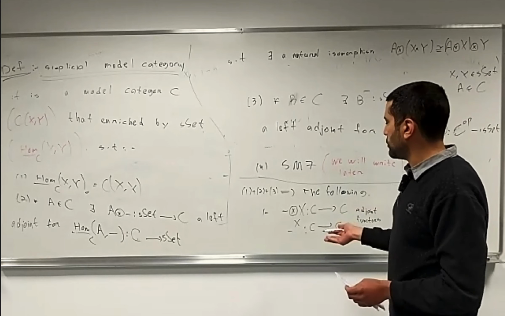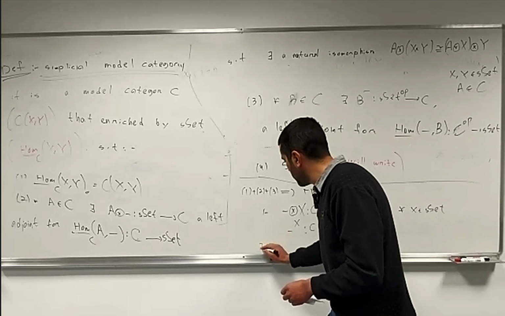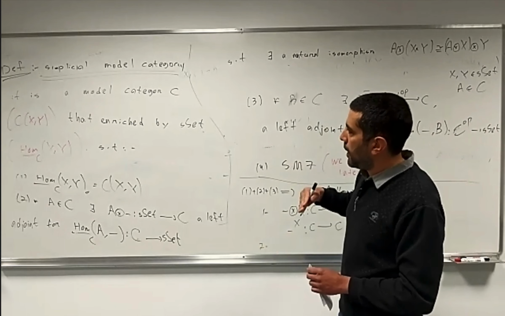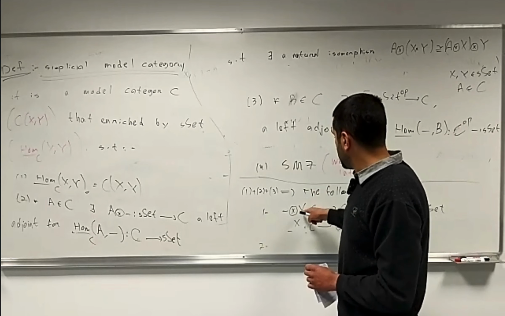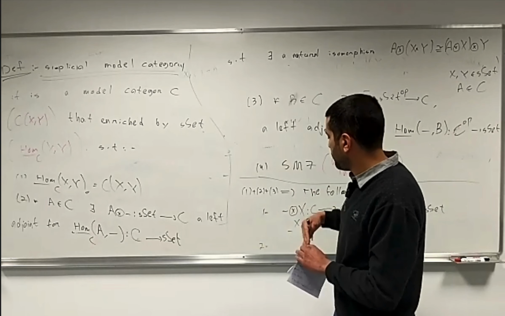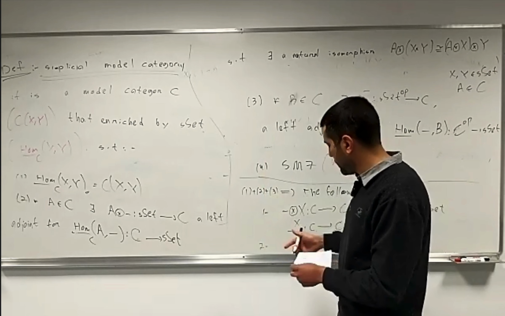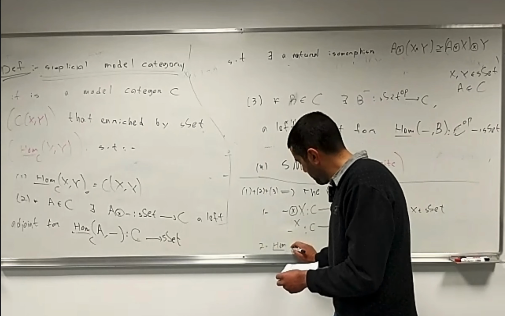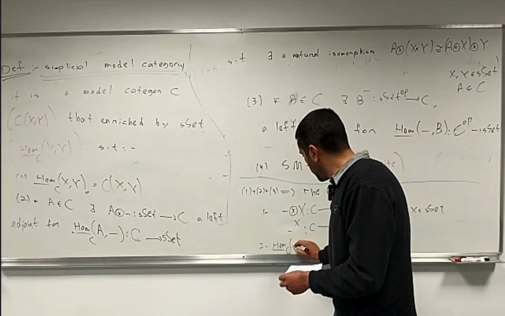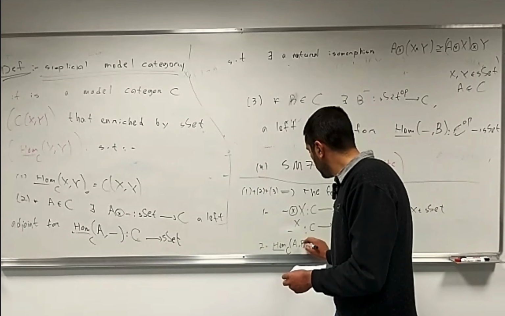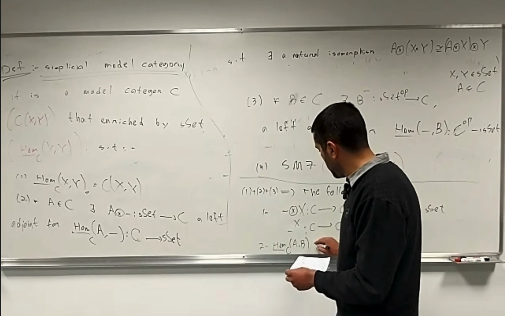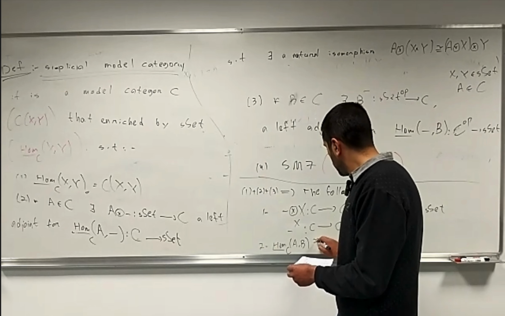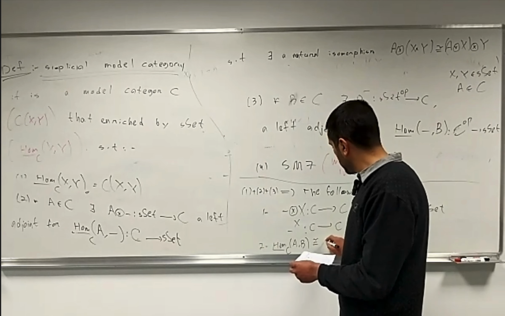What is this adjoint functor? This adjoint functor gives me the higher order on C, but this gives me the enrichment. How does it give me the enrichment? For some A, B and C, the enrichment will be exactly, or there is a natural isomorphism to this.